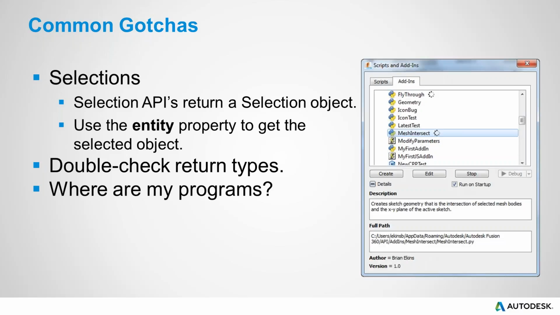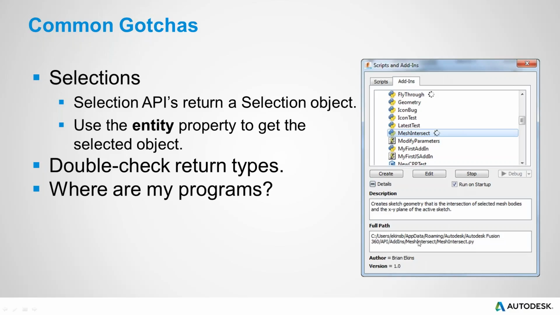Another thing, not so much a gotcha but just a tool, is: where are my programs? You can go to the scripts and add-ins dialog and pick any program, and then expand the details at the bottom, and it will show you the full path to where that program is.